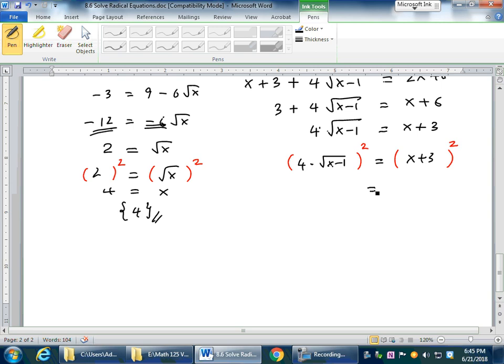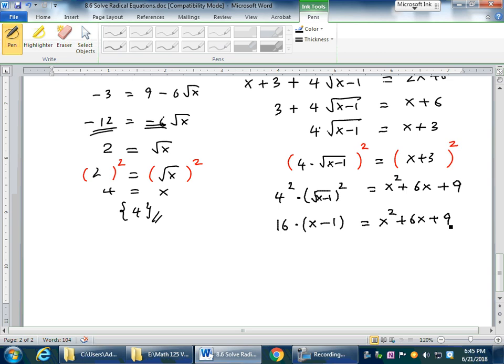Using the shortcut formula, the right hand side will become first squared plus 2 times first times last, which gives me 6x, plus last squared, 9. On the left hand side, using the properties of exponents, 4 to the second power times square root of x minus 1 to the second power gives me 16 times x minus 1 equal to x squared plus 6x plus 9.